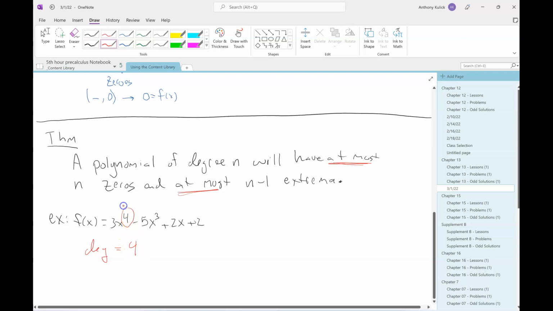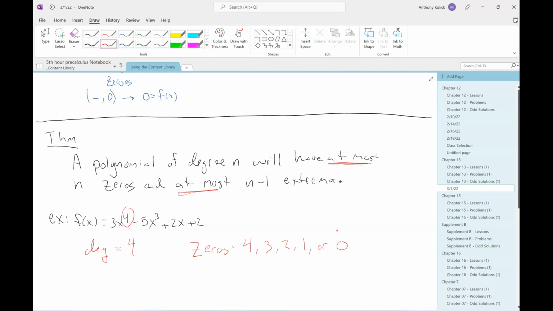Remember that the degree is just the biggest exponent on our variable. Since this is 4, how many zeros can we have? You could have 4, 3, 2, 1, or 0. We don't know for sure, but we know it can't be more than 4.